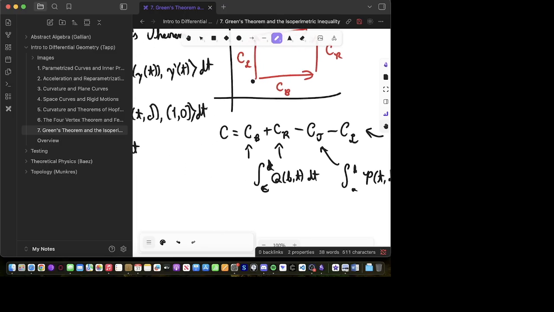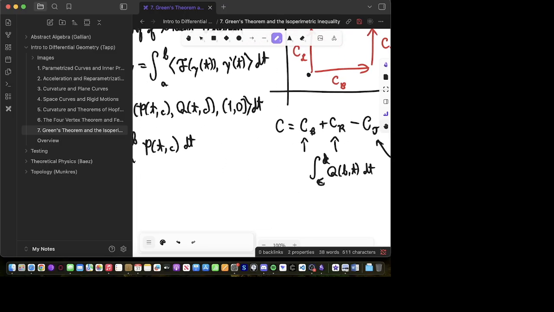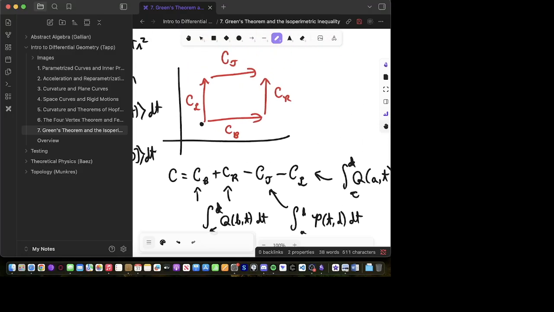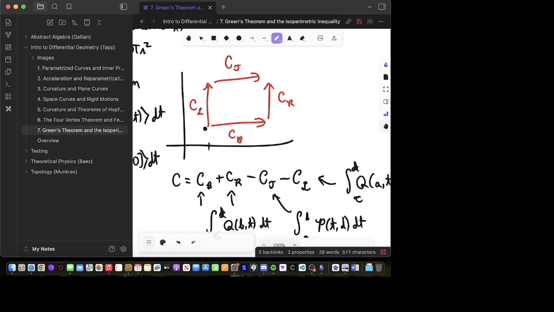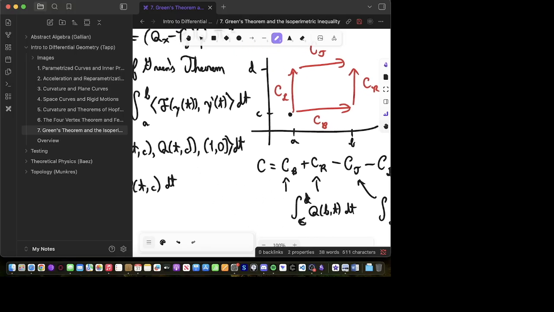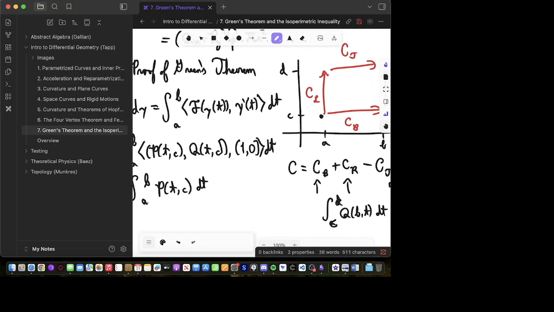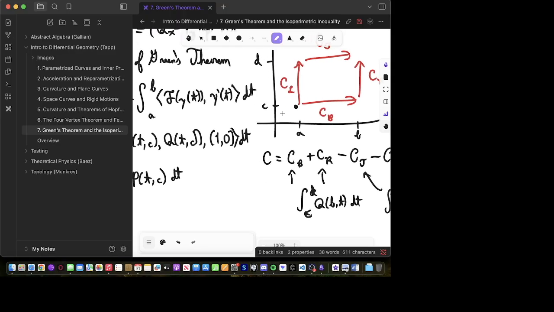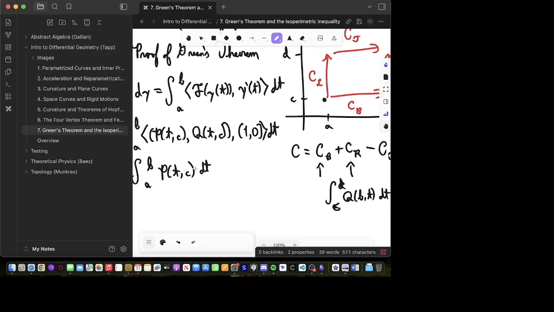Now you might be wondering, why exactly do I have all these random t's, c, b, a, d? The reason why is because I forgot to mention this. I'm getting sloppy, but we have these. So along CB, for example, c is going to be the y value, so we put c in here.